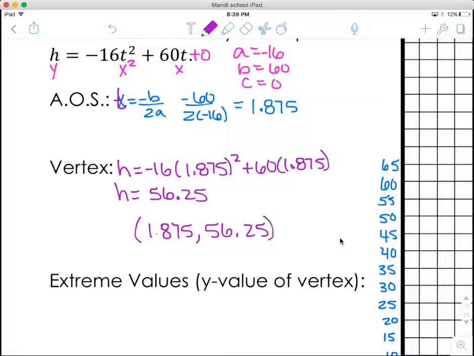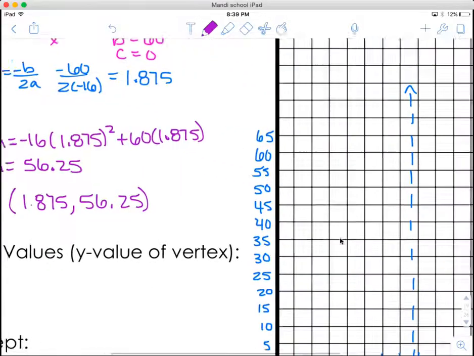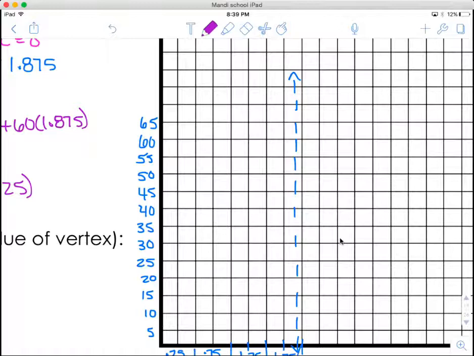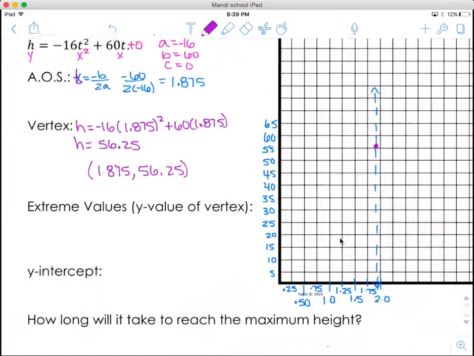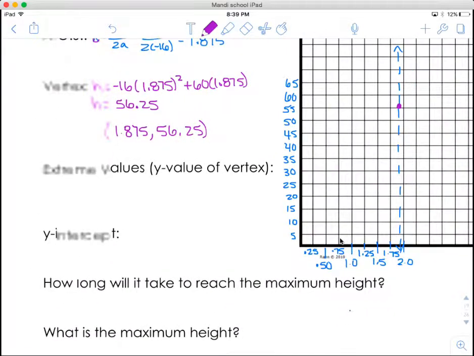56.25. So now we can go to 56.25, which would be about right here, and we can put a dot. Now this is kind of just an approximation on the graph. Okay, the extreme value is the y of the vertex.